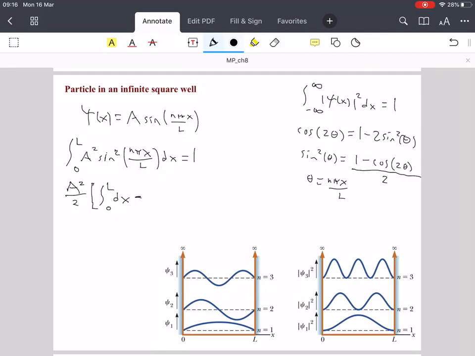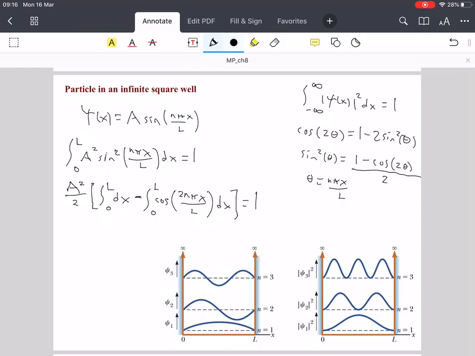And then we have the term that involves the cosine. So that's now cosine of 2 times n pi x over L dx, this whole thing in brackets, is equal to 1.